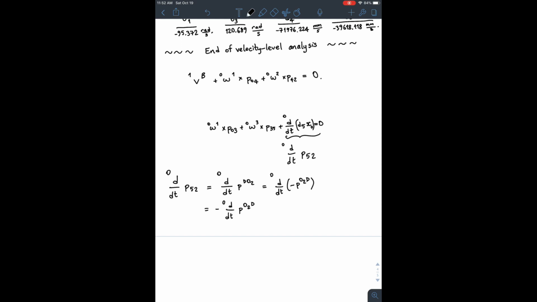And now I realize that this is a position vector that goes from a point fixed in the zeroth frame to a point D that is moving in the zeroth frame. And I am taking the derivative in the zeroth frame as well. So I recognize this to be equal to negative of the velocity of point D in the 0th frame. Is that clear?